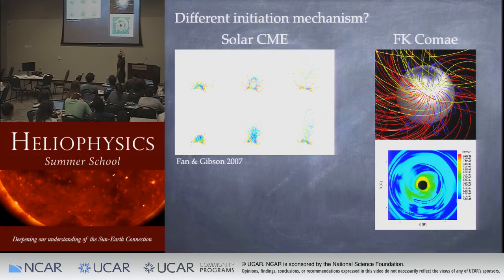Now, we can think about alternative mechanisms. For example, this is a simulation I did of an FK Comae star. This is a giant K-type star with a 2-day rotation, so very fast rotation. You can think that instead of twisting the flux tube, you have this magnetic loop that, as a result of the fast rotation, is being stretched in the azimuthal direction.